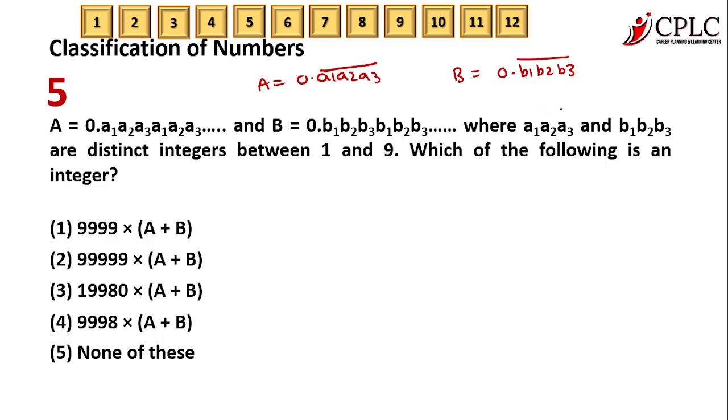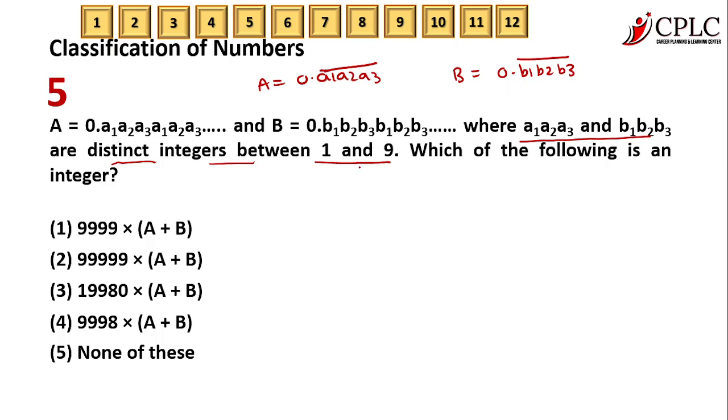So that's the first thing we need to understand about recurring numbers. Also, they said that A1, A2, A3 and B1, B2, B3 are distinct integers between 1 and 9. Integers are non-decimal numbers, proper numbers between 1 and 9. So that also tells you that these are all single digit numbers, because they are between 1 and 9.